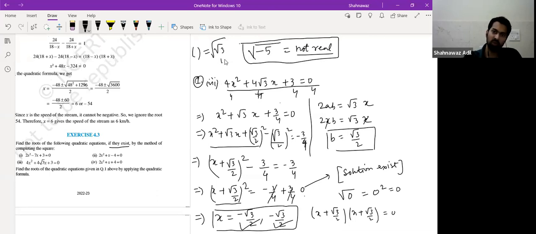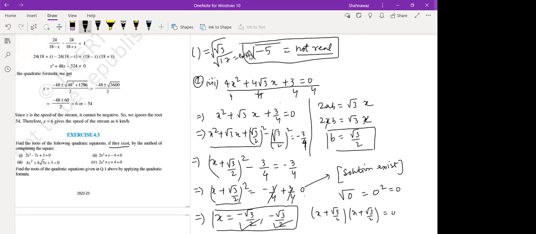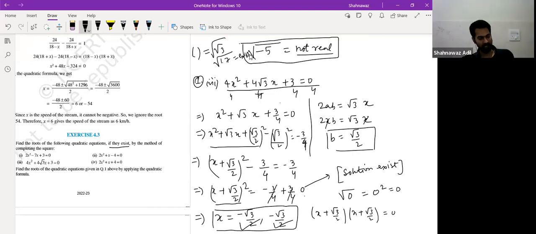Root 3 is 1.7, and again you take the root of 1.7, so this will exist. So it should not be negative only. That is the only criteria, because you can take root of 4 and again root of 4 and then again, and this will be a real number, right?